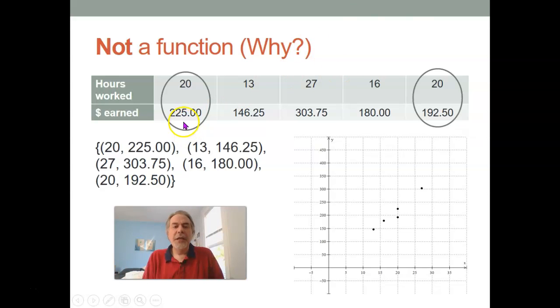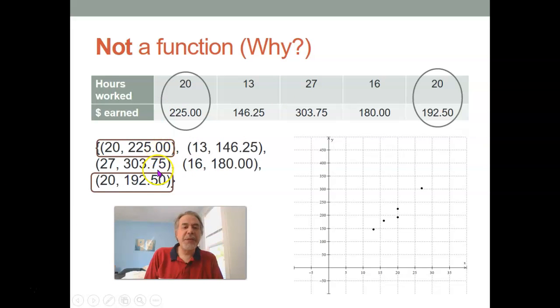So in order for dollars to be a function of hours, then for a specific number of hours, there's got to be one specific dollar amount that goes with that. There can't be more than one different dollar amount for the same number of hours.